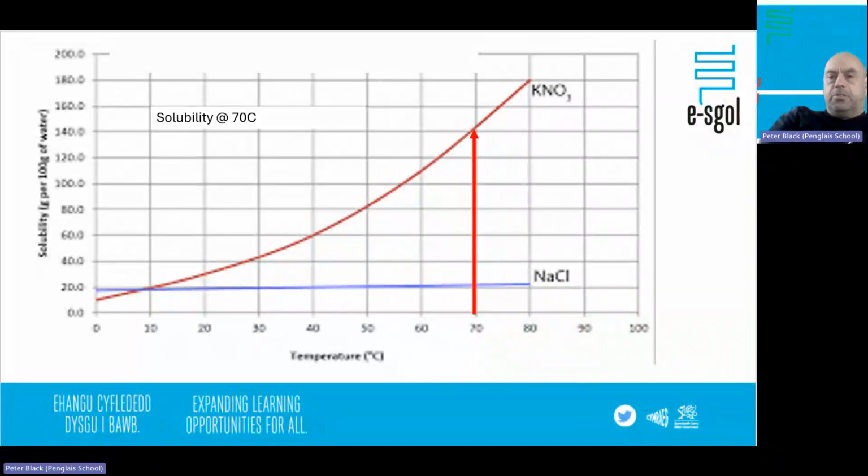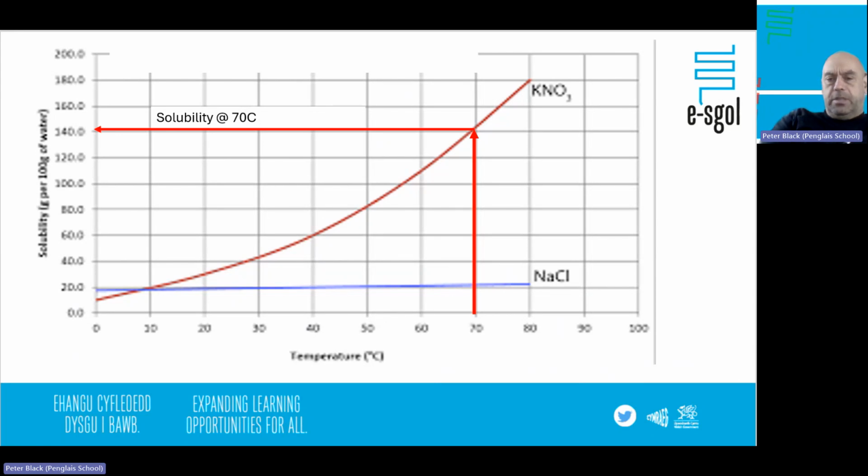You draw a line up to the particular salt you're involved in. So, look at the solubility of potassium nitrate at 70 degrees C. We can see that the solubility of potassium nitrate would be 140 grams per 100 grams of water. You can dissolve a lot of that salt. It's incredibly soluble, potassium nitrate.